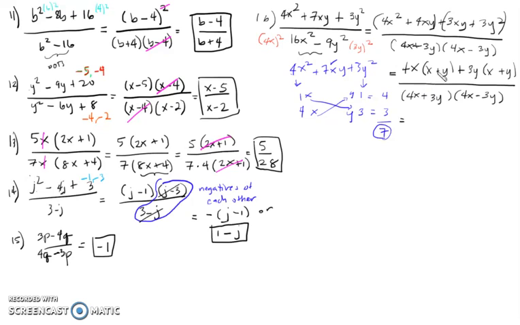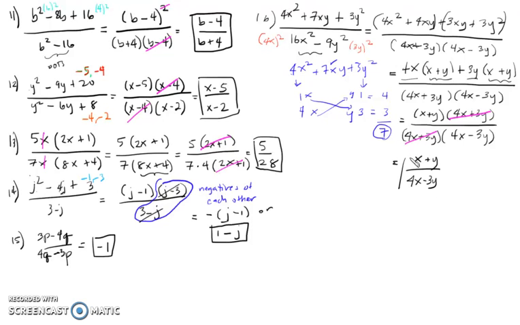Then factor out x plus y, so the remaining terms would be 4x plus 3y all over, just copy the denominator, 4x minus 3y. Now you can see a common term, 4x plus 3y, so we simply cancel that out. The final answer would be x plus y all over 4x minus 3y.